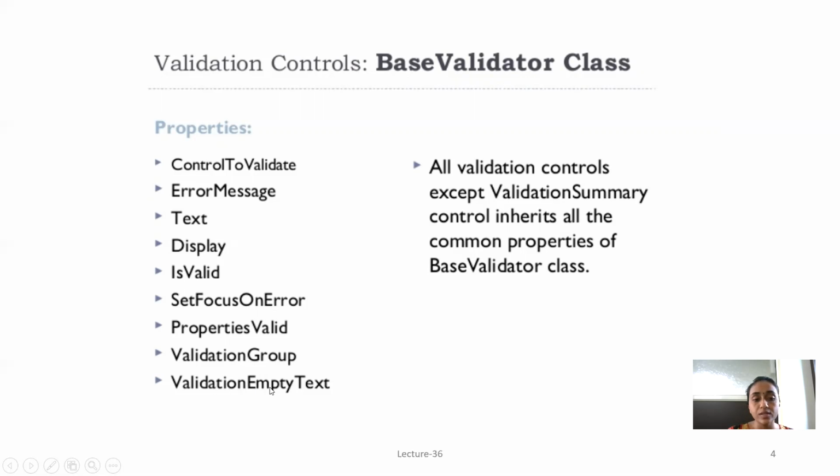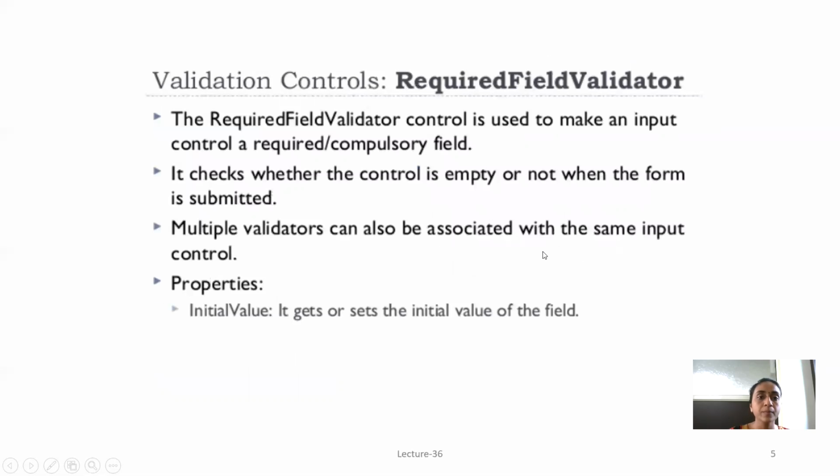Next is the validation empty text. If validation is not done properly, then you can pass this empty text here. All validation controls except the validation summary control inherit all the common properties of the base validator class. So if you are using any validator, it will inherit all these properties.